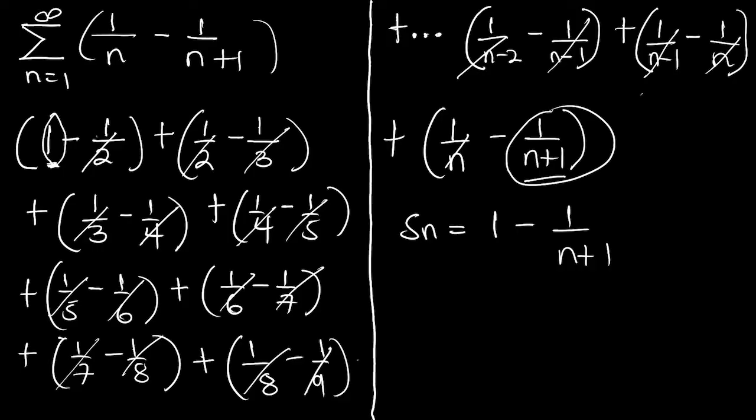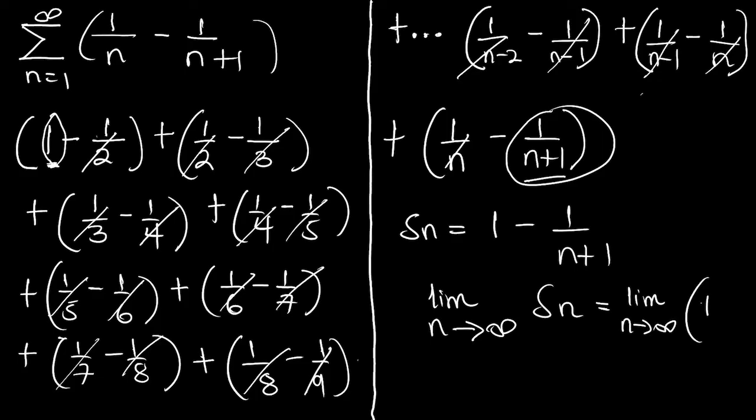So we now have our partial sum, and we apply the idea that we have. We know that limit as n approaches infinity, the partial sum, we take that limit, and this is equal to what? Limit as n approaches infinity of 1 minus 1 over n plus 1. The space there is too small.